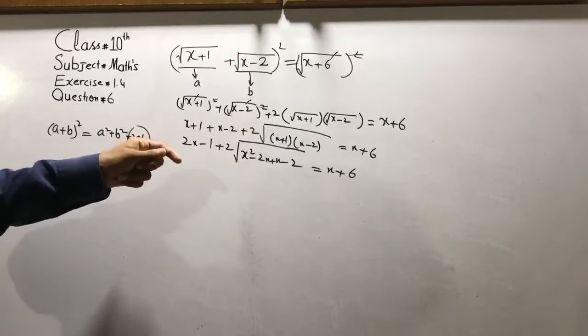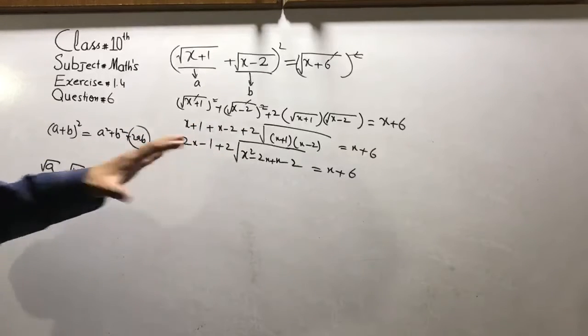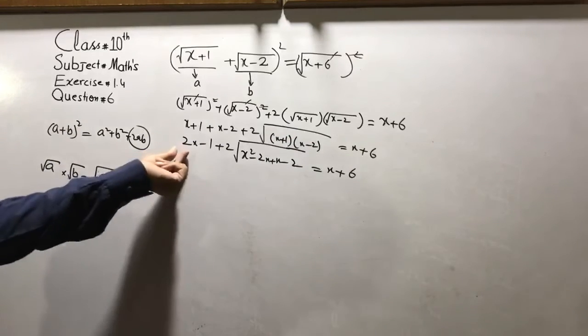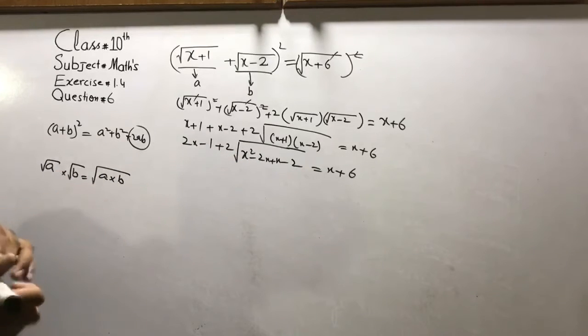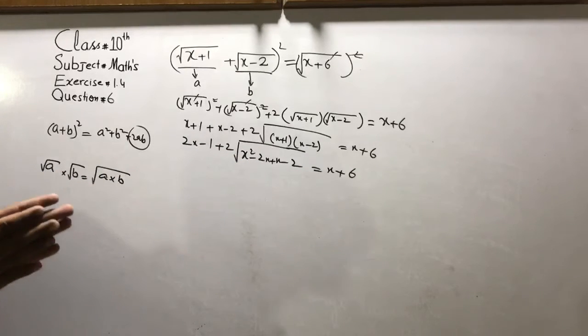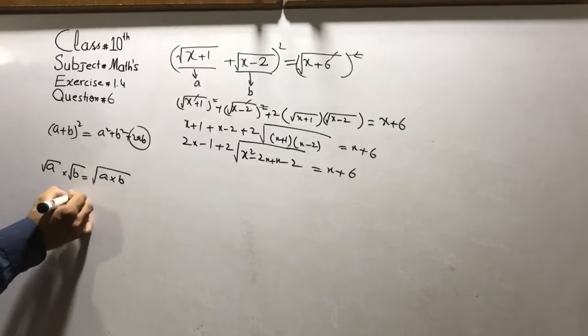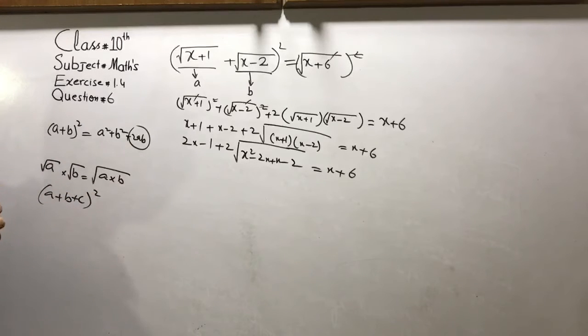To find the value of x, we also have to remove this square root. To remove it, some students take square of this, but the answer will be complicated because there are 3 terms, and we would have to apply the formula of a plus b plus c whole square, and the answer will be so complicated.